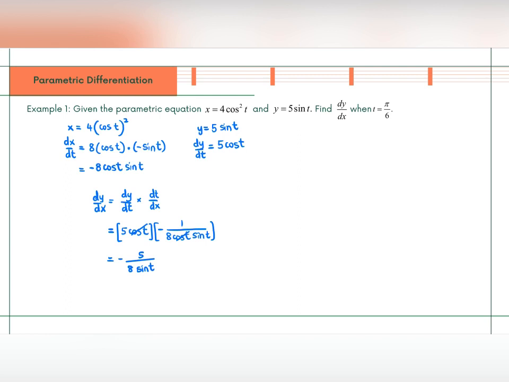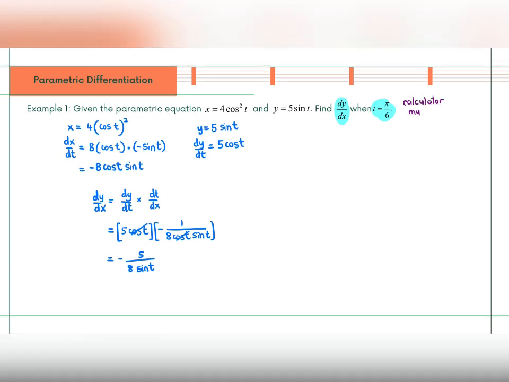Tapi soalan kita bukan nak minta the function for dy over dx. Sebab kat sini dia ada mention find dy over dx when t equals to pi over 6. So, apa yang kamu kena ingat bila kita nampak pi, calculator must be in radian mode. Sebab apa? Kita ada pi dekat sini.